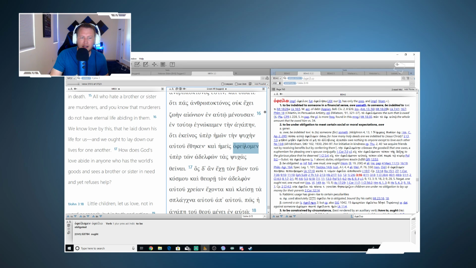Plural, present, active, indicative. To be obligated with infinitive following, one must, one ought. And we ought to, and this is also tithemi.